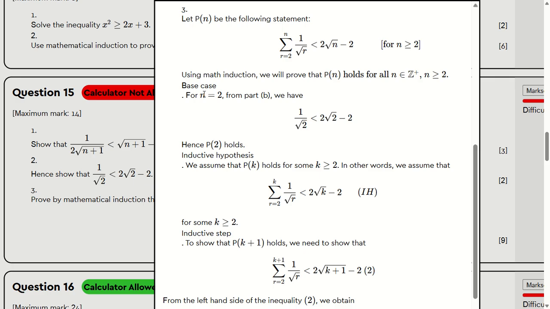Here you have to start with n equals to 2. Now here given r equals to 2 up to n. So you are starting from 2, right? Okay, so you have to put n equals to 2 here at first.